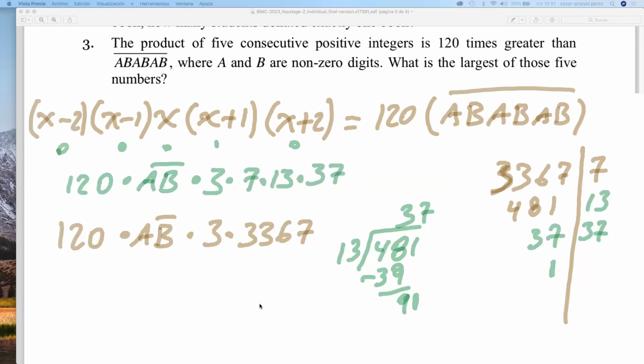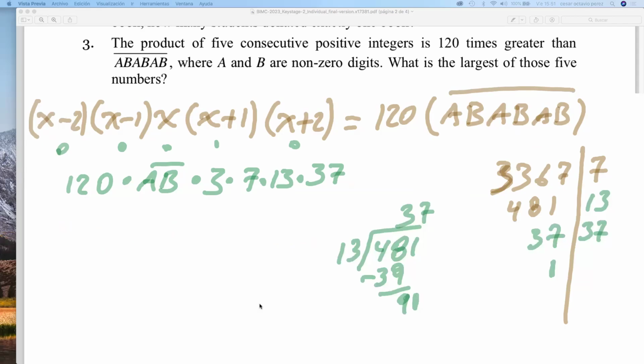Okay? So we know that one of the numbers among x minus 2, x minus 1, x, x plus 1, x plus 2 is divisible by 7, and 13, and 37.